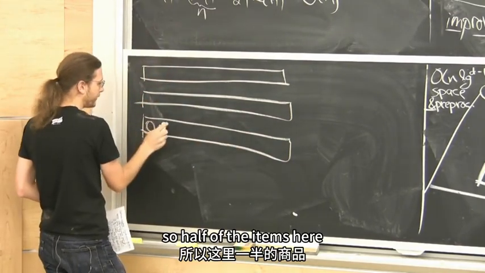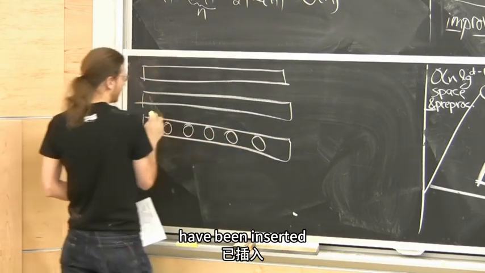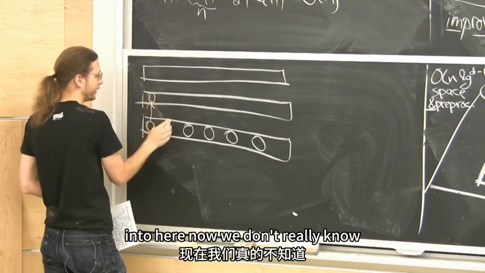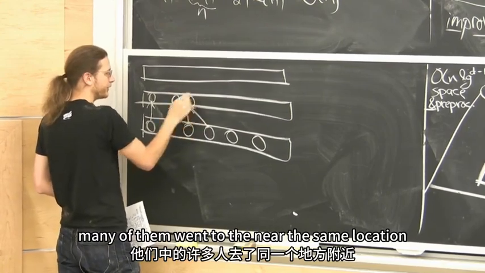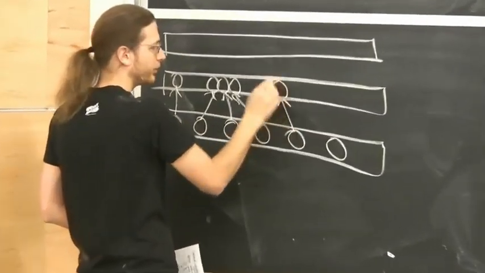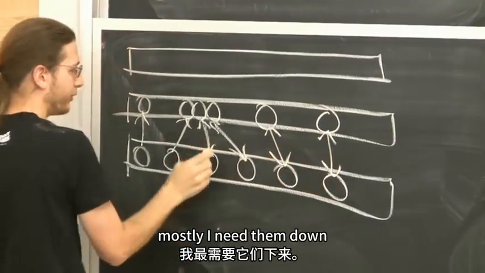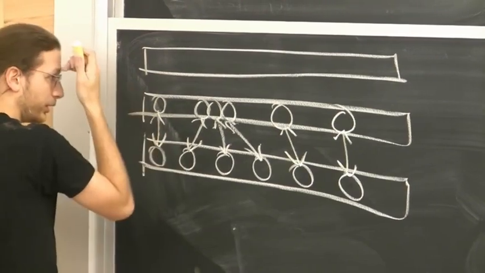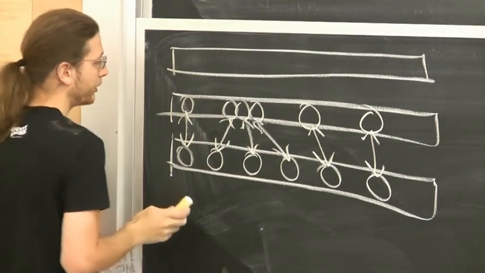Half of the items here have been inserted into here. Now, we don't really know, maybe many of them went to near the same location. Okay, but they went there. And I'm going to have pointers in both directions. Mostly I need them down, so that if I search in here, I can figure out where I am down here.